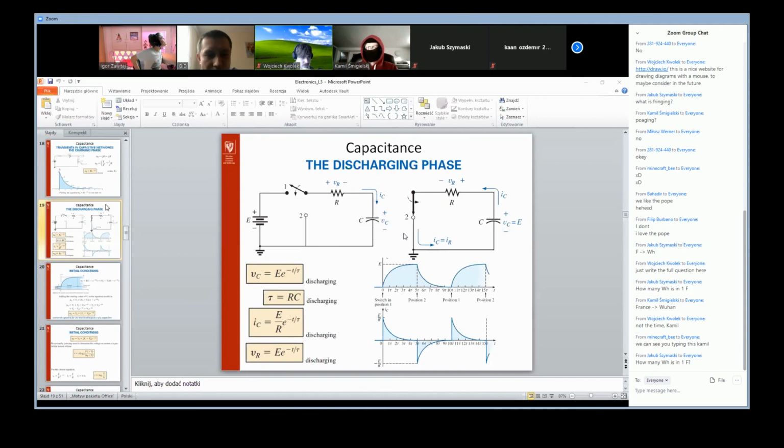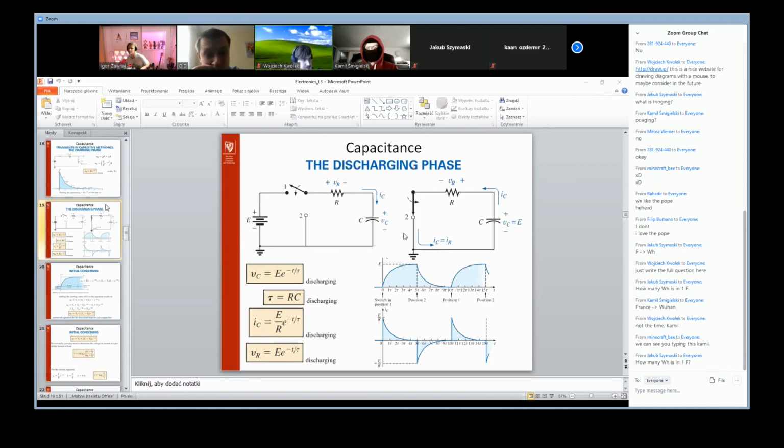Okay. Sorry, I'm just reading the chat at this moment. How many? Aha, in 1 farad. We can at this moment consider the watt hours according to the farad. In the next few slides we'll see what the power is and what the dependence of the power on the capacitance is.